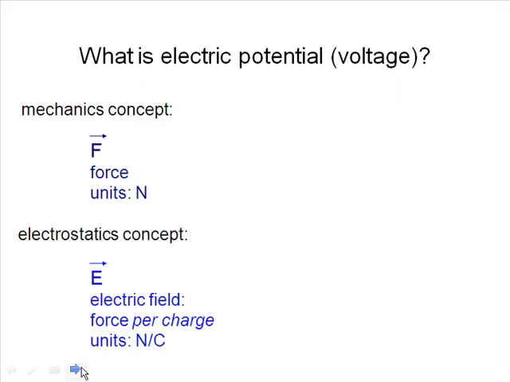Before, we talked about electric field and forces. We know that in mechanics we had forces, units newtons, and in electrostatics and electric current we've got electric field, which is newtons per coulomb. And this worked well if we had a small charge that was exploring the forces that it experienced due to many other source charges.